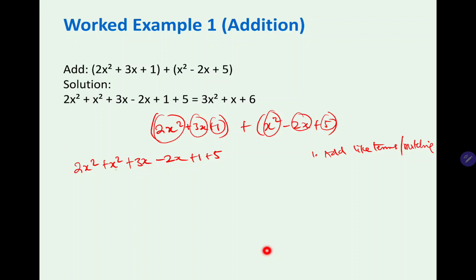So 2x squared plus x squared will give us 3x squared, and 3x minus 2x will give us x, and 1 plus 5 will give us 6. So it's as simple as this for addition of polynomials.